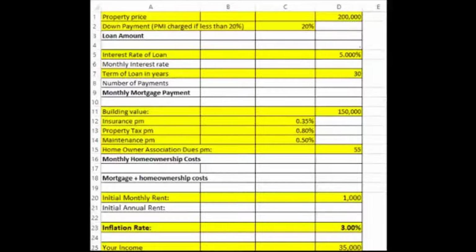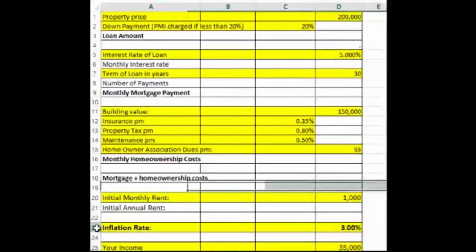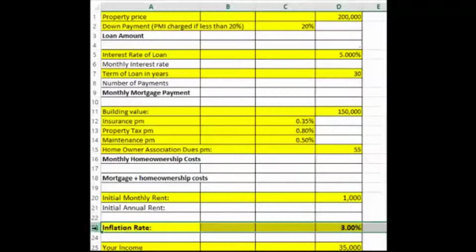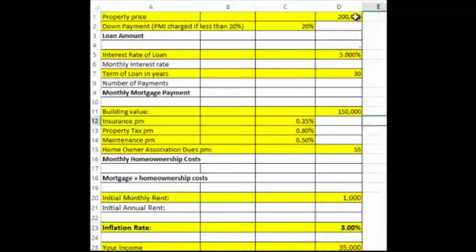So in this project we're looking at rent versus mortgage, and we're going to pay particular attention to the effect of inflation on the difference between renting a house and having a mortgage over time. As we go through this, you'll see that all of these yellow numbers you can make up yourself from a real life situation, and then other numbers will be calculated based off of those.